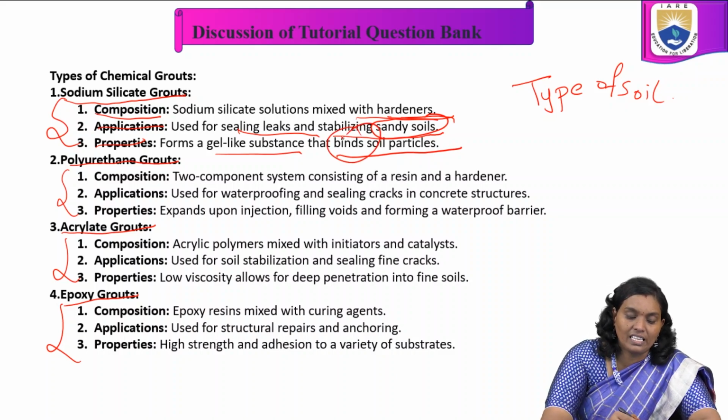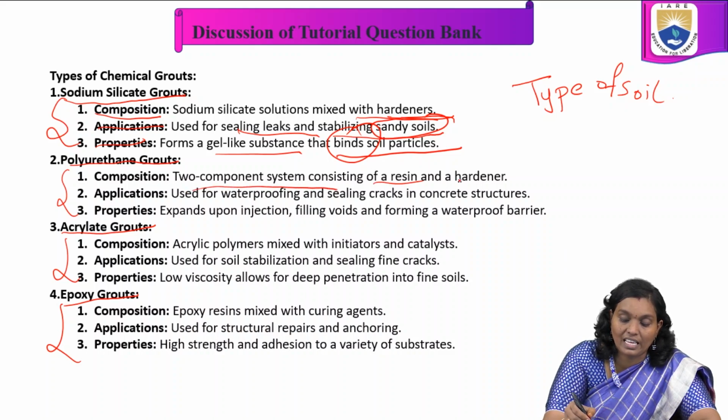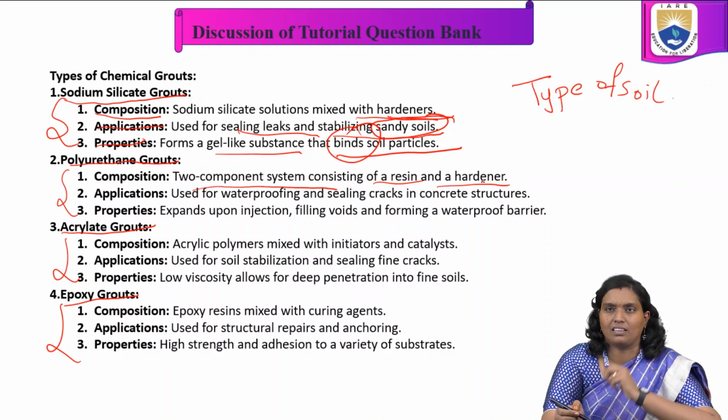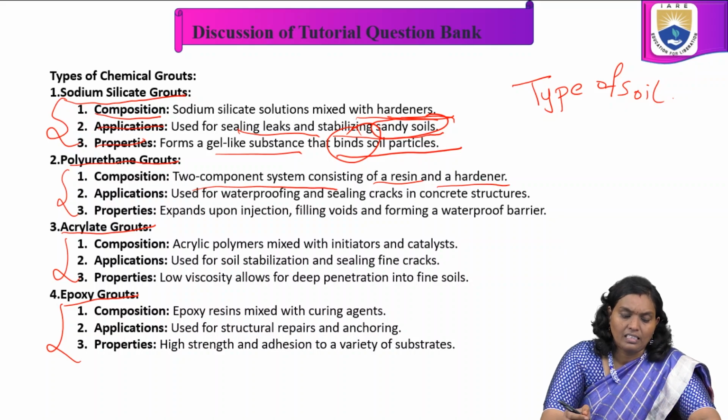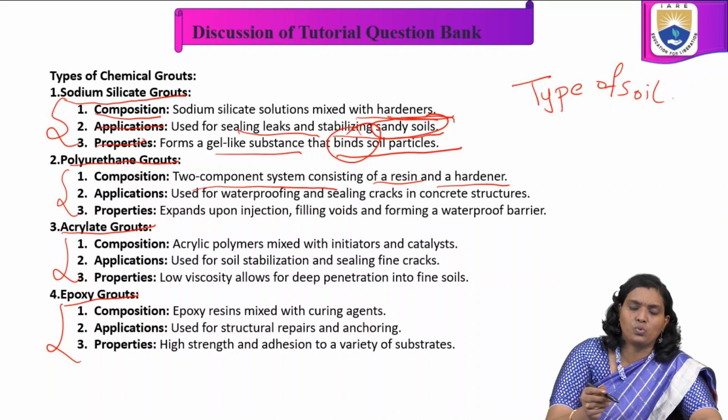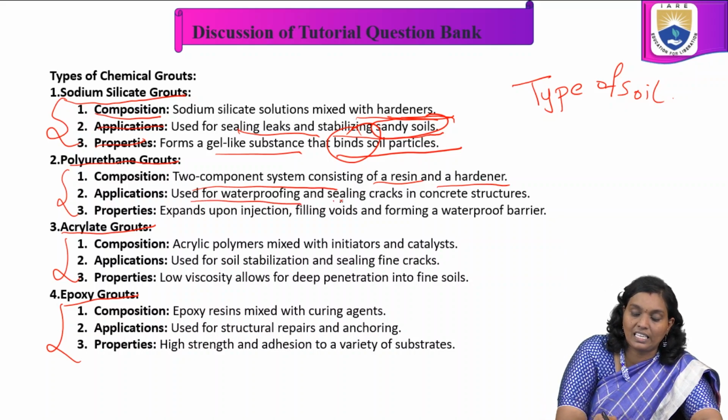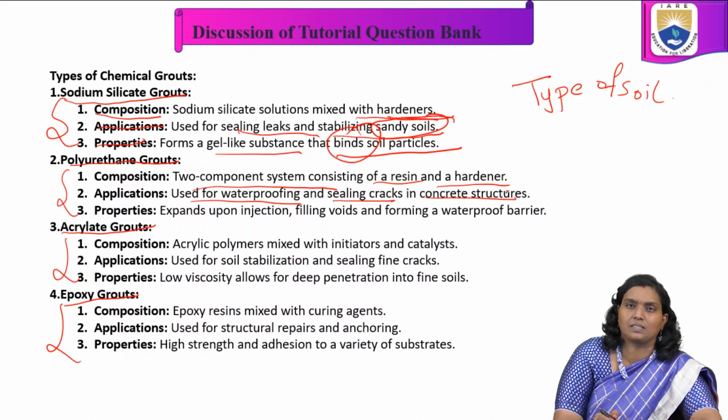The next one is here, the composition is a two component system consisting of a resin and a hardener. This kind of grout we use for waterproofing and sealing cracks in construction structures.